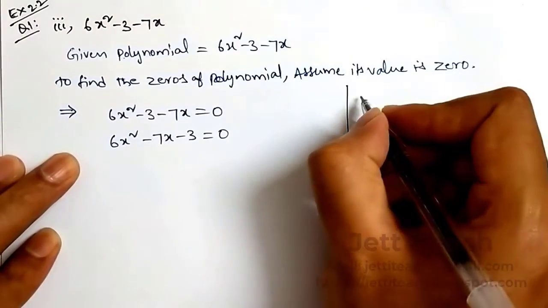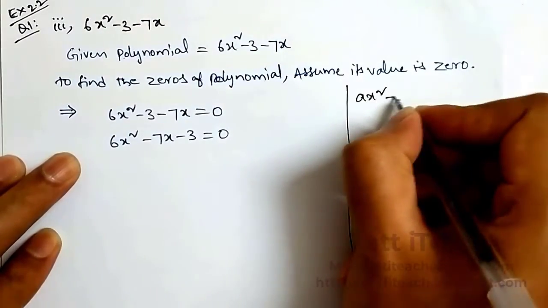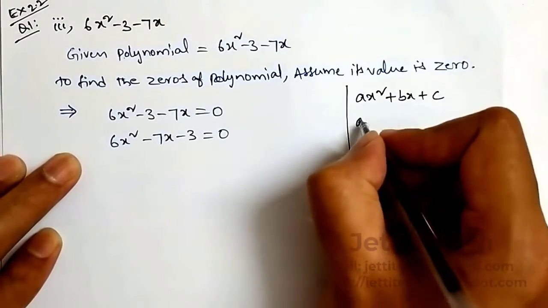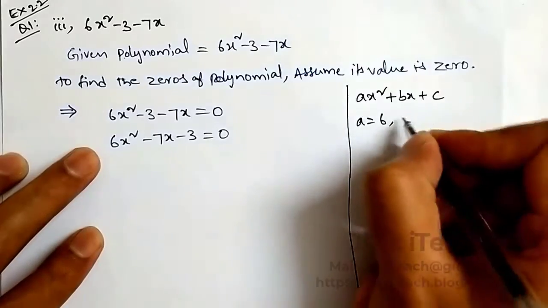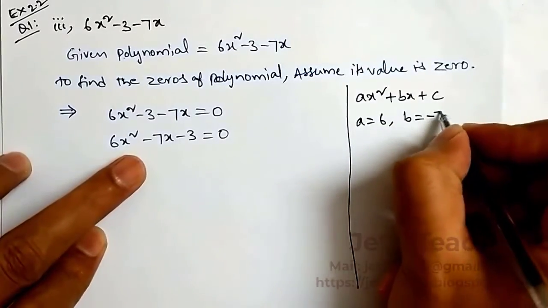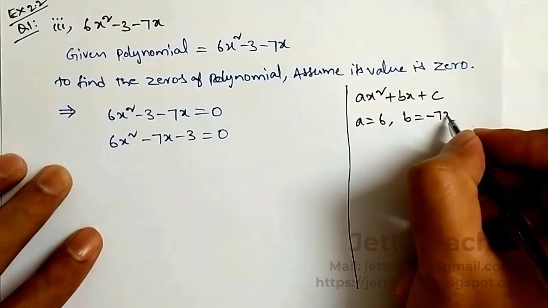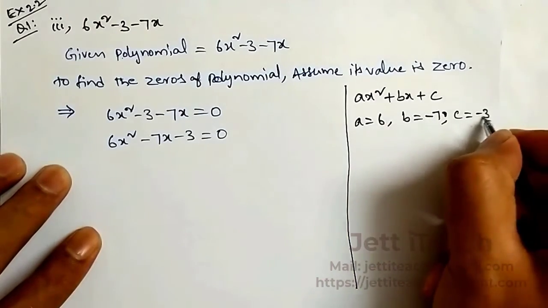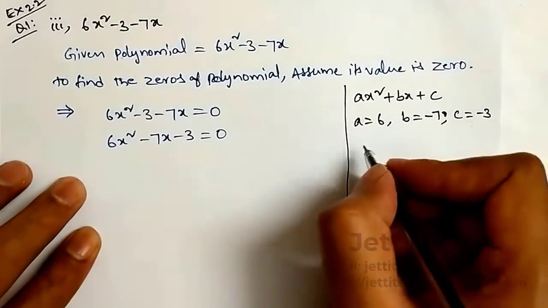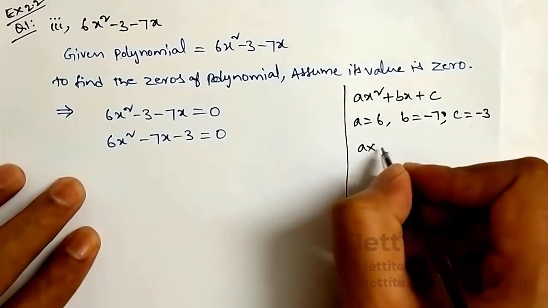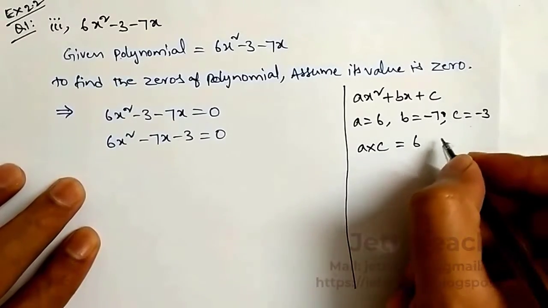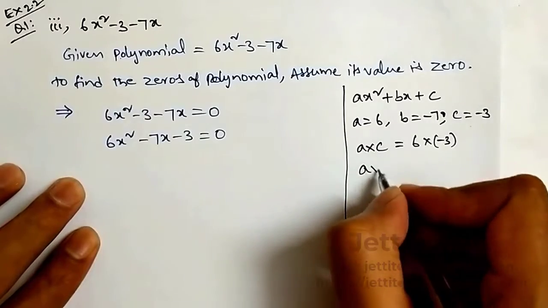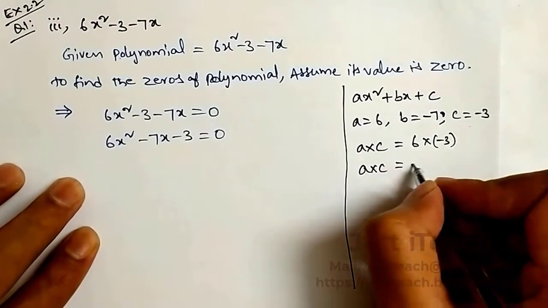The general equation is ax square plus bx plus c. Here a equal to 6, b equal to minus 7, c equal to minus 3. Now you can find a into c: 6 into minus 3, so a into c becomes minus 18.